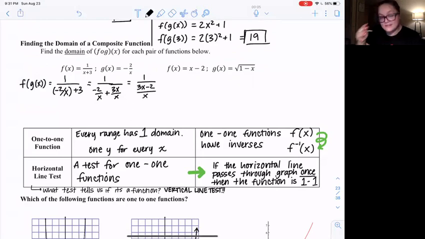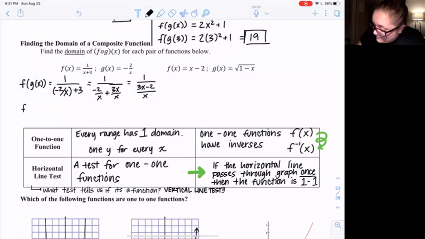over x. Now, what you can also see this as is this piece right here is the reciprocal of 3x minus 2 over x. And so you can actually do this fun little switcheroo. And so the other way you can see this is 1 divided by that fraction, which is going to give you this same result.